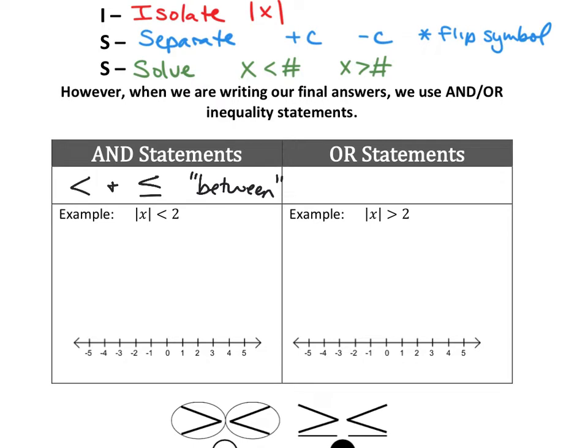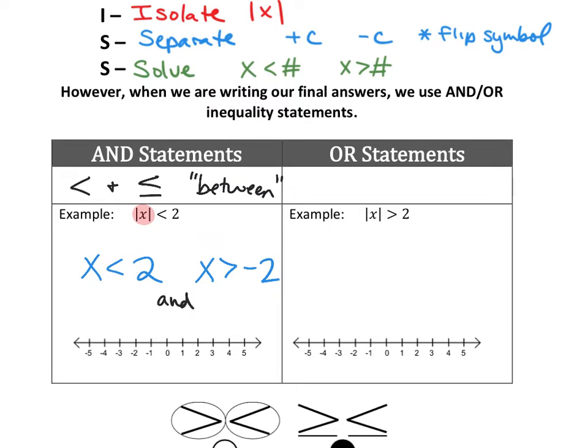So what this means is, if we were solving this first one, it's isolated, right? Okay, so I can separate it. We're going to separate it into x less than 2 and x, flip the sign, flip the sign. So we flip the symbol, we change the sign. This is my and statement.